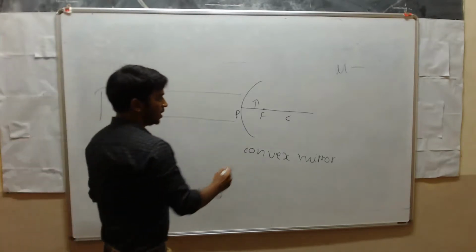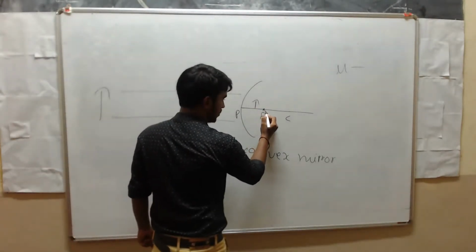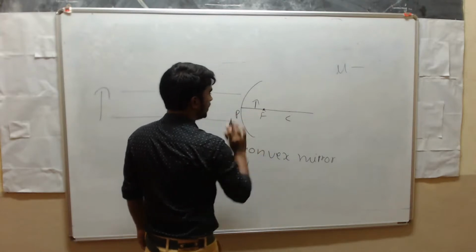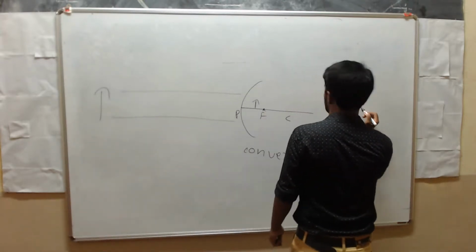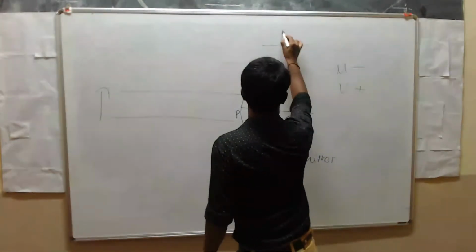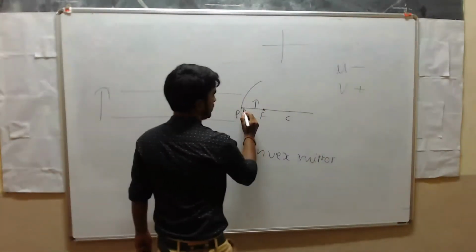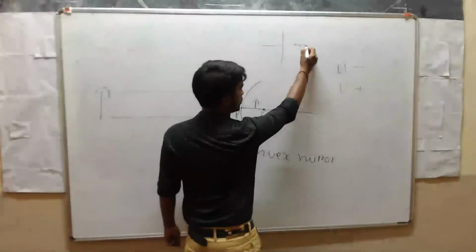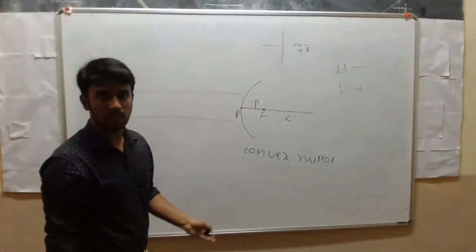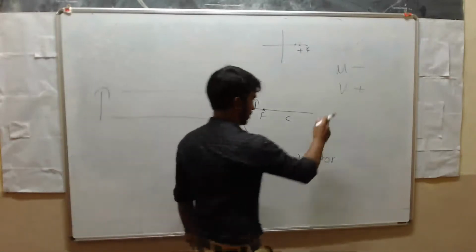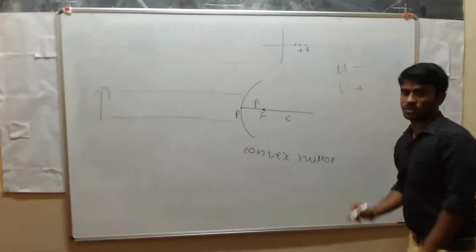So that's why we will get the image at f or between p and f. Here you should always get the v value positive. Why? Because this is the origin, it lies here, right? Means this is the positive x-axis. So in a convex mirror, while writing v values, we should write it positive.